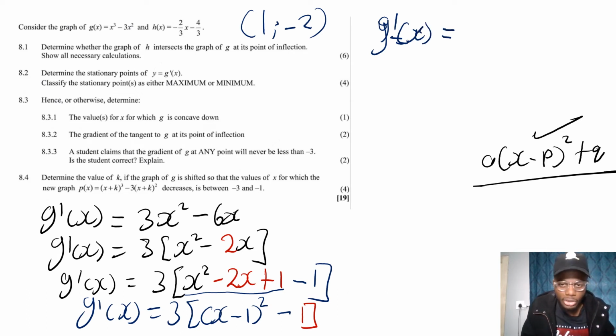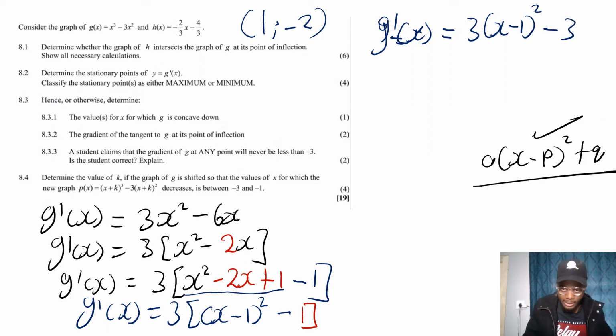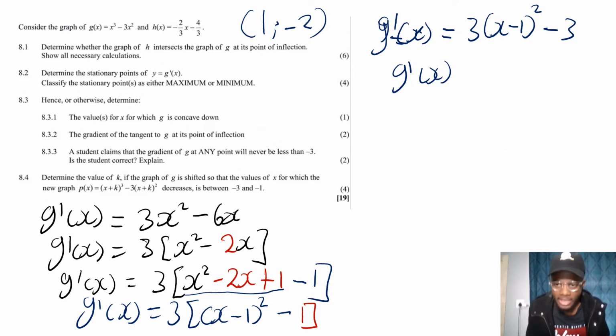The derivative of g equals 3 times x minus 1 squared, and 3 multiplied by negative 1 gives minus 3. So indeed, our minimum gradient is negative 3. There will be no gradient that can be less than negative 3.